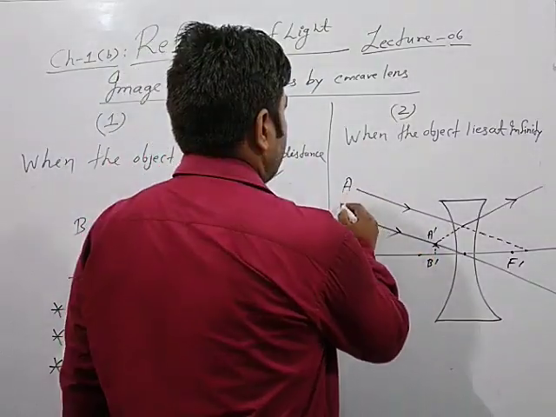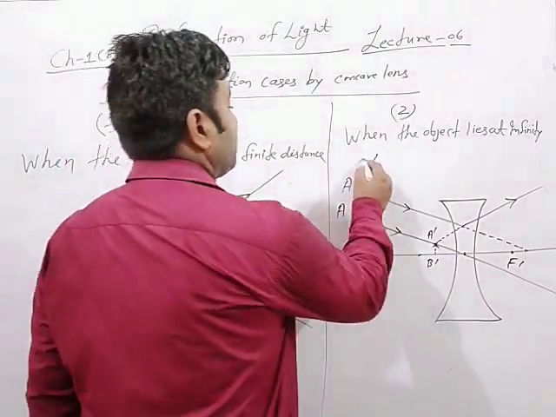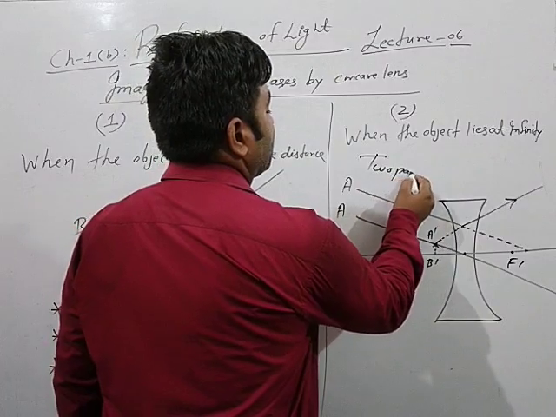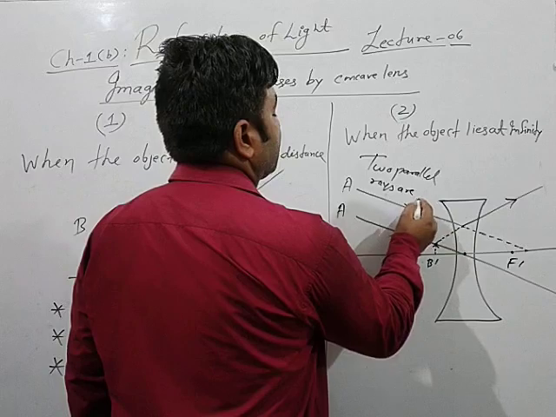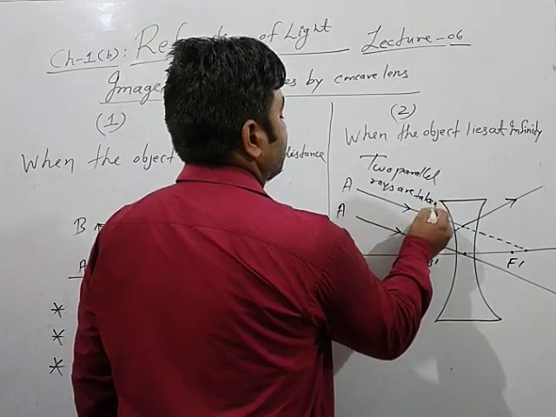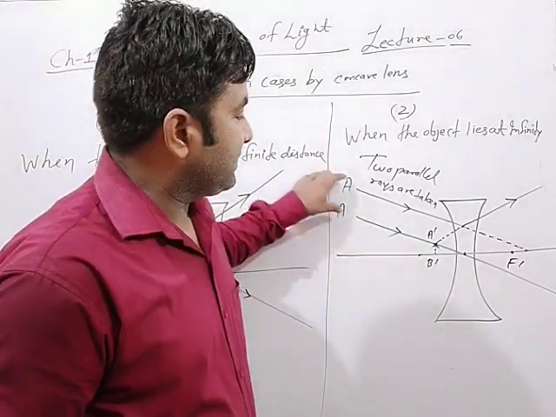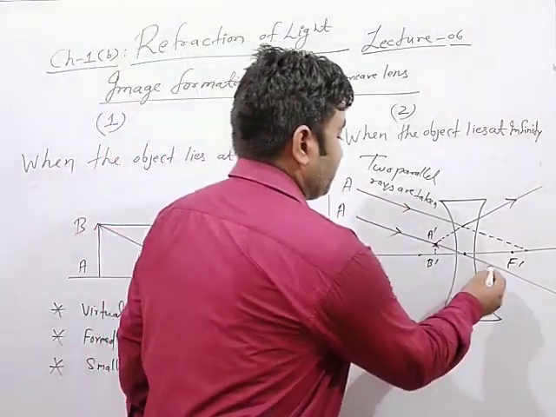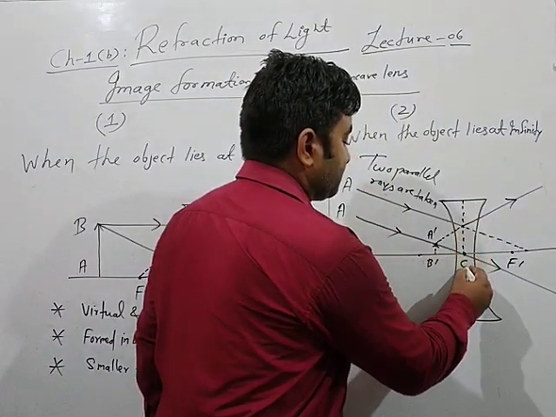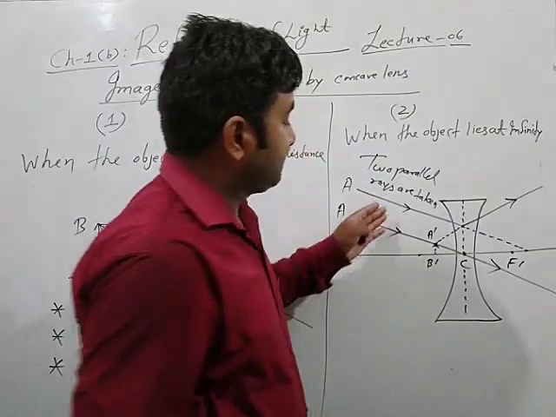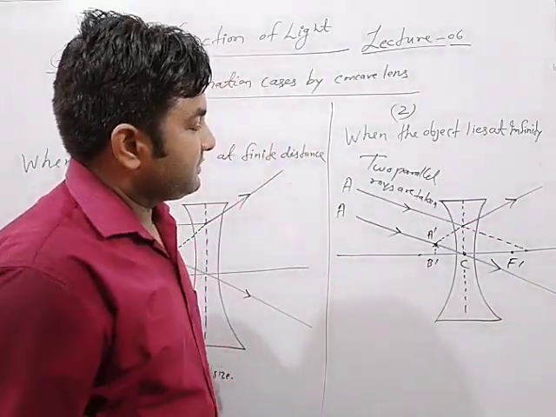Here from the object's top point A, two parallel rays are taken, and after refraction, the light ray that passes through optical center goes straight, but this one diverges in different directions.